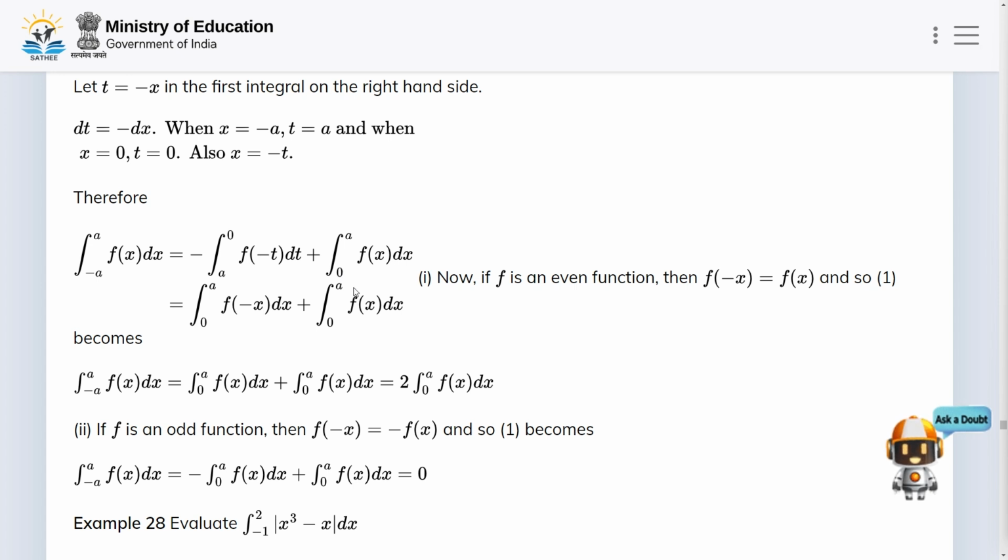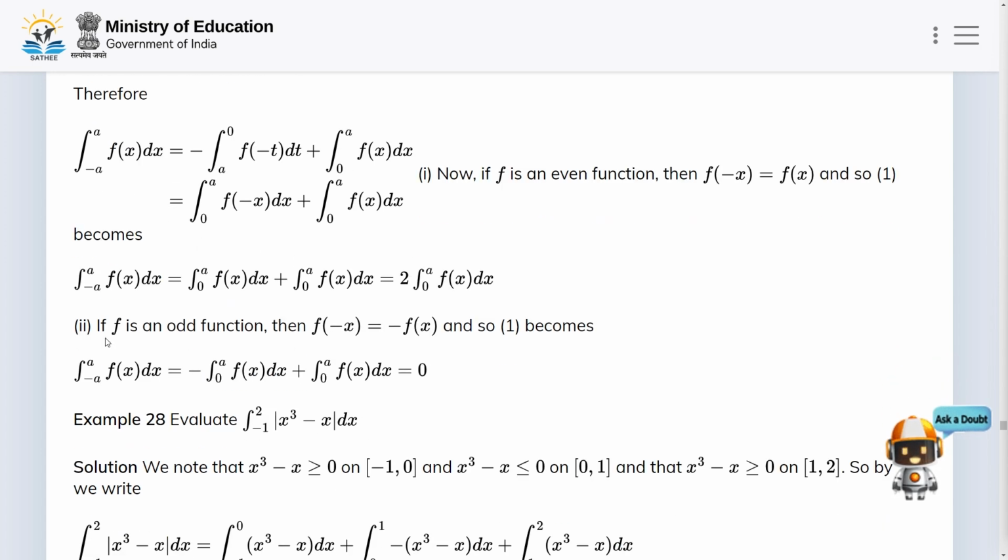Okay, now the first says that if it is even, this means f of minus x is equal to f(x). This can be reduced, first using the P0 property, and then using this fact you will get twice the integral from 0 to a of f(x) dx.